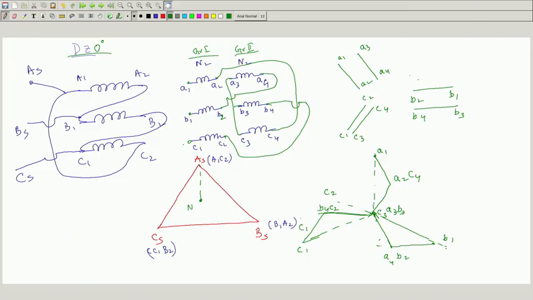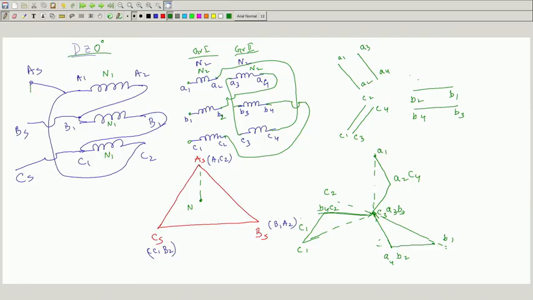Only one thing I will tell. In this case, suppose these turns are known: N1, N1, N1 on the primary and N2, N2 on the secondary. Now, the same flux is linking these.